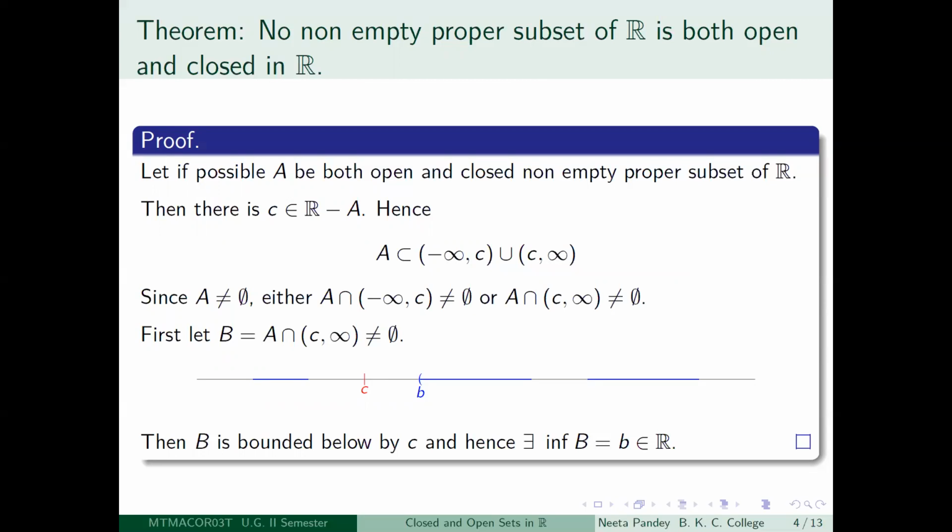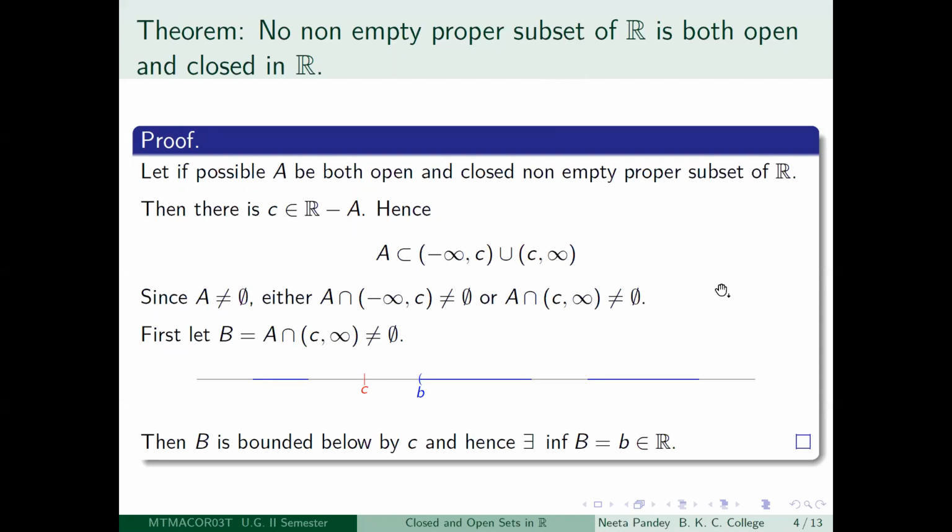It can happen that it is neither open nor closed, for example, the set of rational numbers. But if it satisfies the properties of an open set, then it cannot satisfy the properties of a closed set. And if it satisfies the properties of a closed set, it cannot satisfy the properties of an open set. So let us try to prove this.